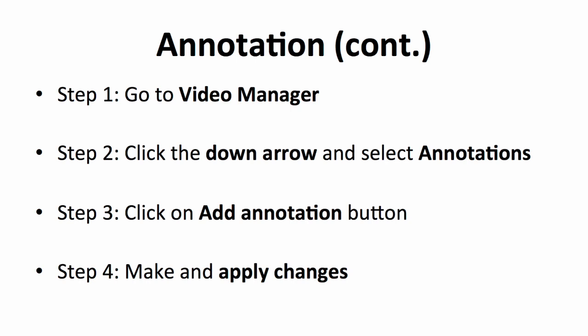Select the video that you wish to add an annotation to and click on the button beside the video. You'll then be redirected to the page where you can edit and create your annotation. You can decide when and where you want the annotation to be in your video, and of course, the duration of the annotation. Make the necessary changes and apply the changes, and that's it.